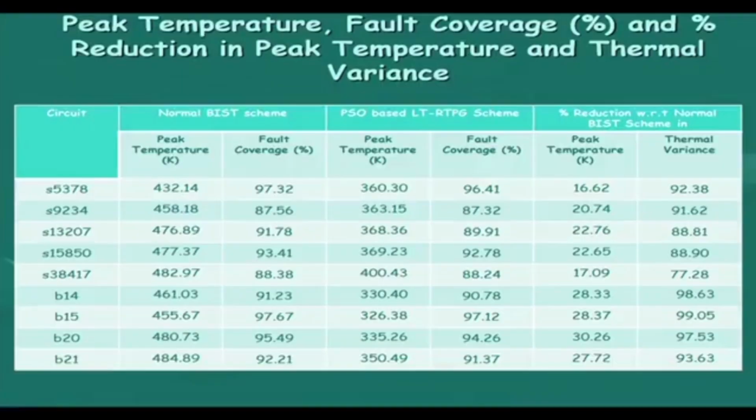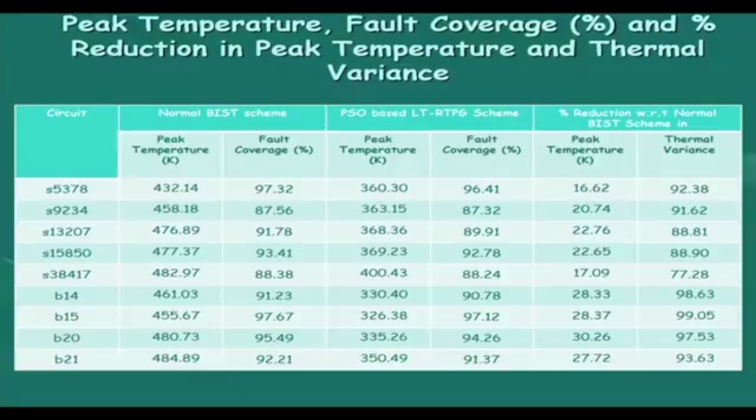Actually, these results are obtained by running the LFSR for 1000 cycles. If we run it for more cycles, then more patterns will be generated and the fault coverage value will improve, but the peak temperature values will get slightly worse than what we have got here. Still, we can get savings in peak temperature, may not be as high as this one, but at least 10 to 12% improvement can be obtained, and the fault coverage value can be restored to the original values.